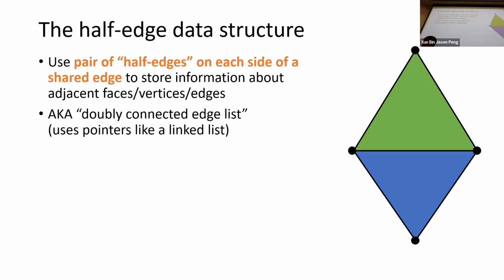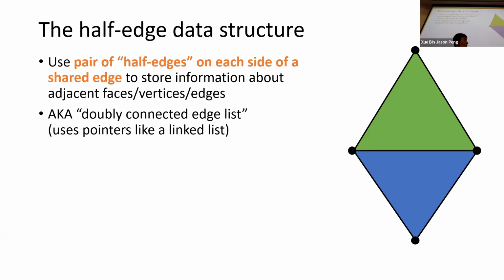And the idea with the half-edge data structure is that we can explicitly encode the topology, the connectivity of a mesh, by using a kind of doubly linked list. So the half-edge data structure you can think of as just one big linked list that stores pointers to different entities in a mesh that are connected to each other.